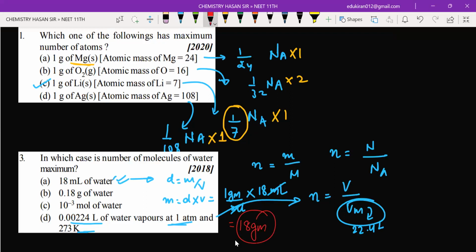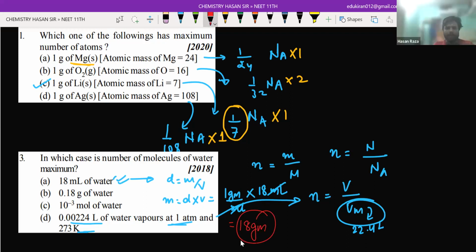Yes, sir. Okay. So what do you think the answer will be, the maximum number of molecules? You can see 18 grams. So the number of moles is given mass upon molar mass of water, that is 18, so 1 mole. Here, given mass 0.18 and molar mass 18, so it will be 10 raised to the power minus 2 moles.